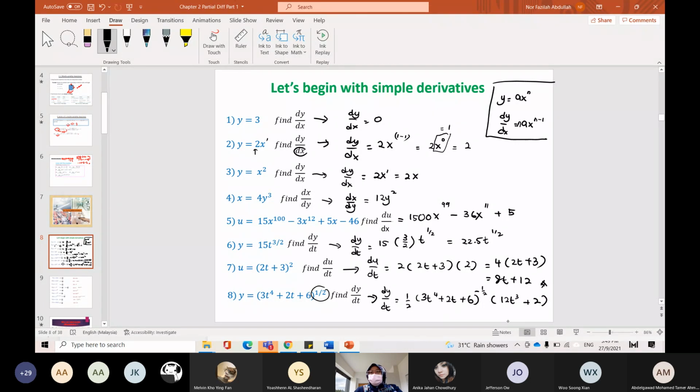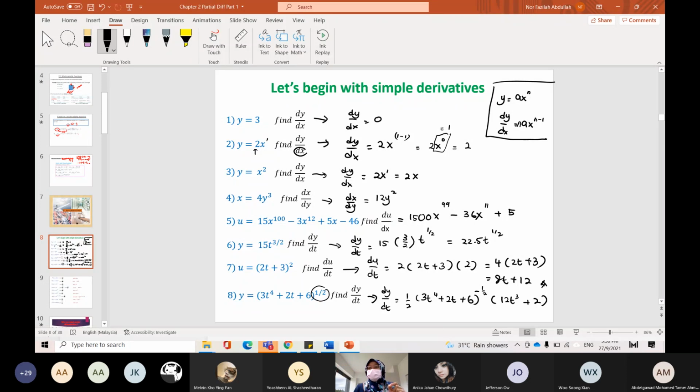Okay, so this is how you differentiate a function inside a bracket, and then it has an index. So multiply index with everything inside the bracket. You write down everything, and then the power you should minus 1, and then you differentiate whatever inside the bracket.